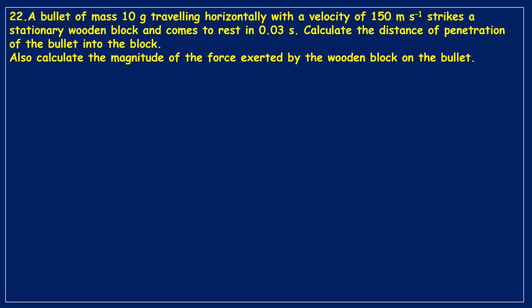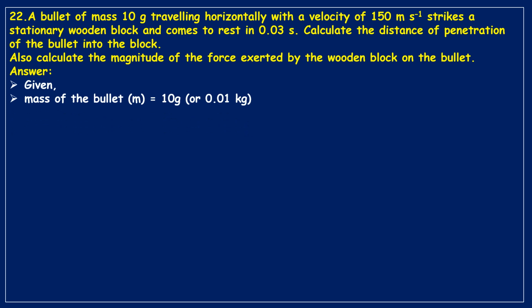Final velocity is 0 meter per second, because object comes to rest. Time is given. Change in velocity per time is called acceleration. So already mass is given. They asked us to calculate force. So mass is given, acceleration we have to calculate. With that we have to calculate force. So we have to use Newton's second law of motion formula here.